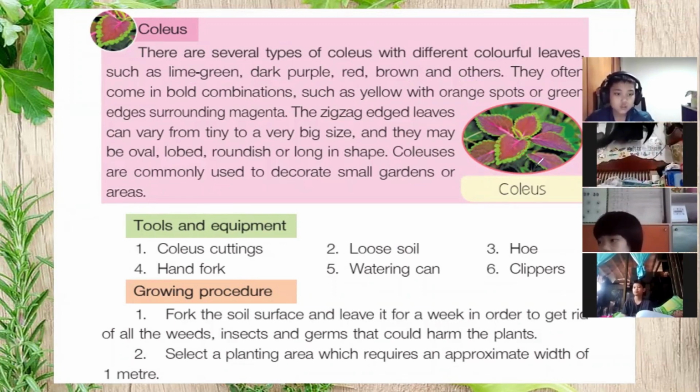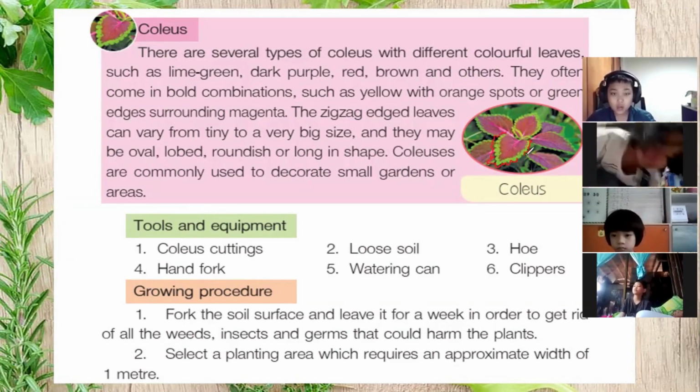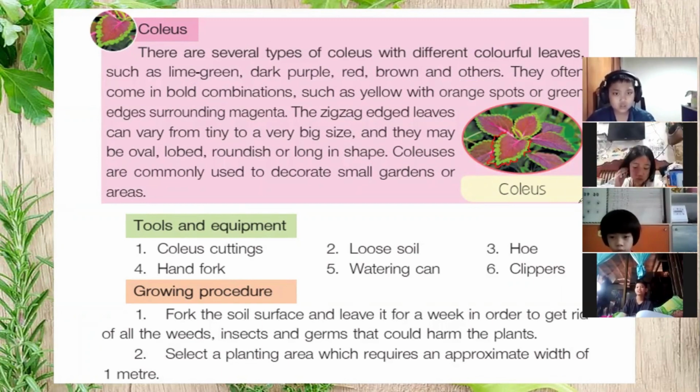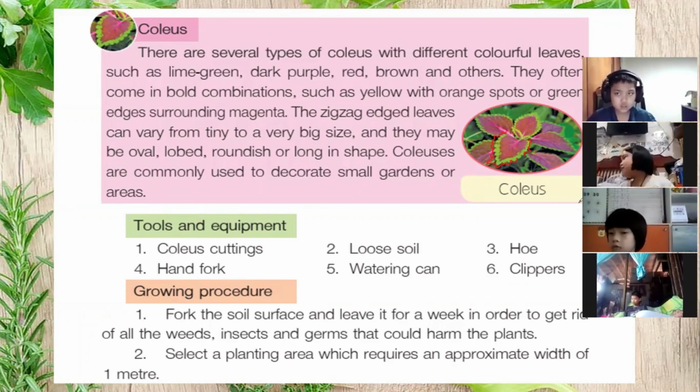And one more thing, if you take a closer look, the edges of the leaves are zigzag. They are all zigzag. As you can see here, this is how it looks. The shape is oval, like a long shape. And they have many colors, right? The colors are dark purple, red, brown, and lime green, and also many more colors as well.